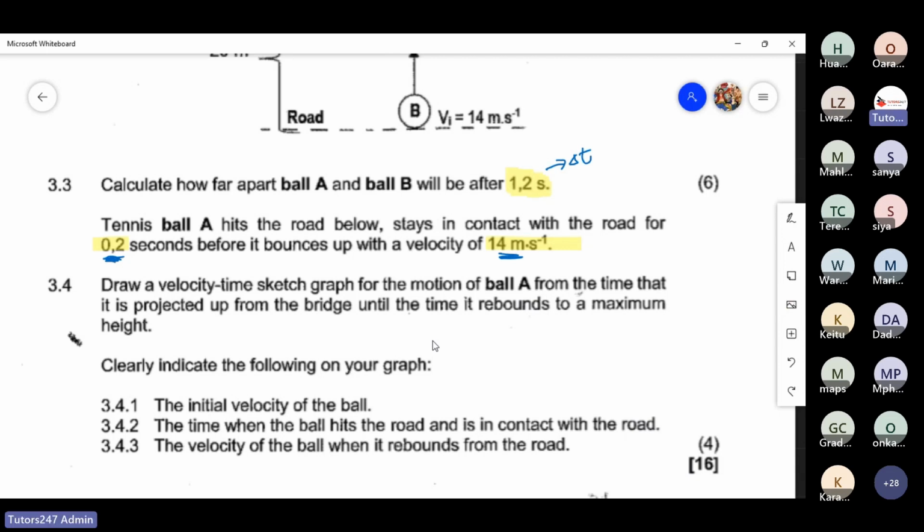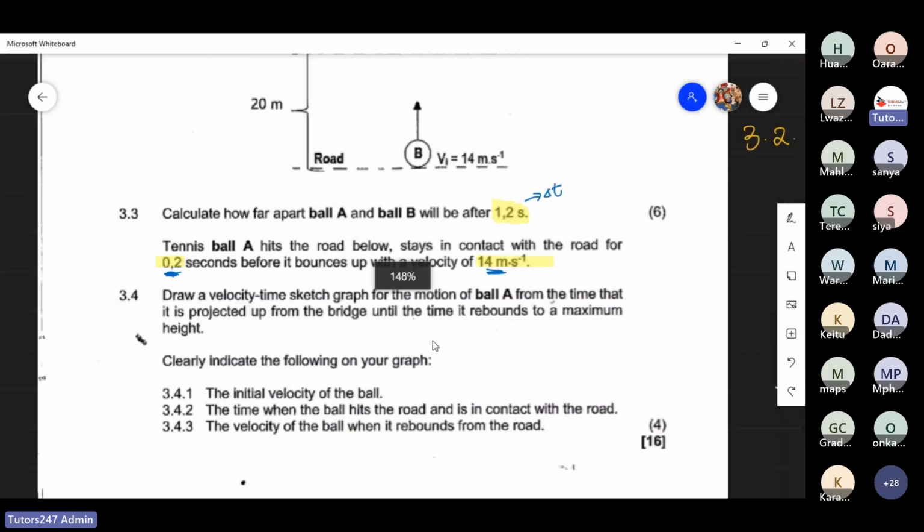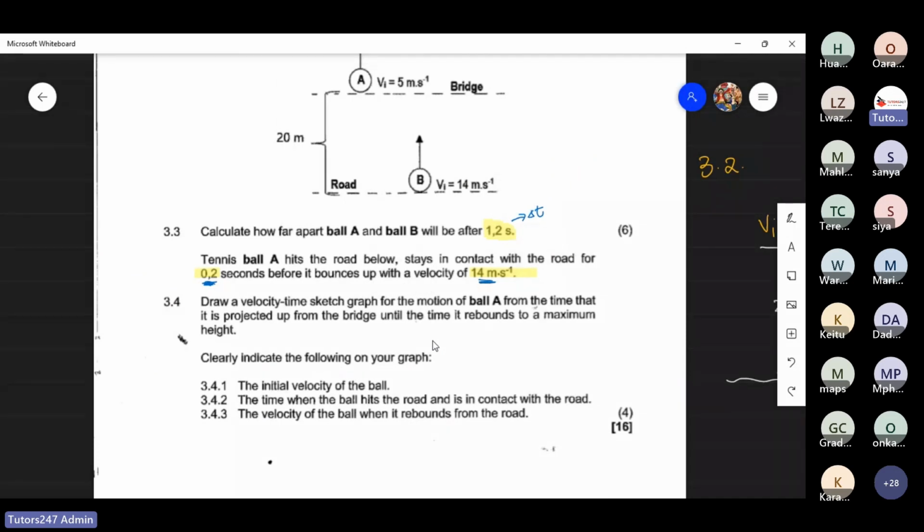We are told that after 1.2 seconds, we need to calculate how far apart these two balls will be. That statement is important because it tells us the time of both balls. Next, we need to understand that when ball A hits the ground, it stays in contact with the ground for 0.2 seconds before it leaves the ground.